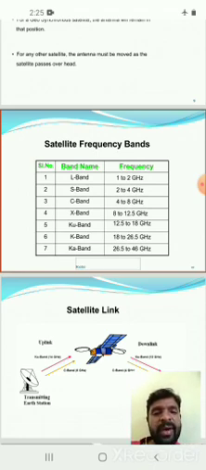The frequency bands are: L band, 1 GHz to 2 GHz; S band, 2 to 4 GHz; C band, 4 to 8 GHz; X band, 8 to 12.5 GHz; Ku band, 12.5 GHz to 18 GHz; K band, 18 GHz to 26.5 GHz; Ka band, 26.5 to 46 GHz. So these are the satellite frequency bands.